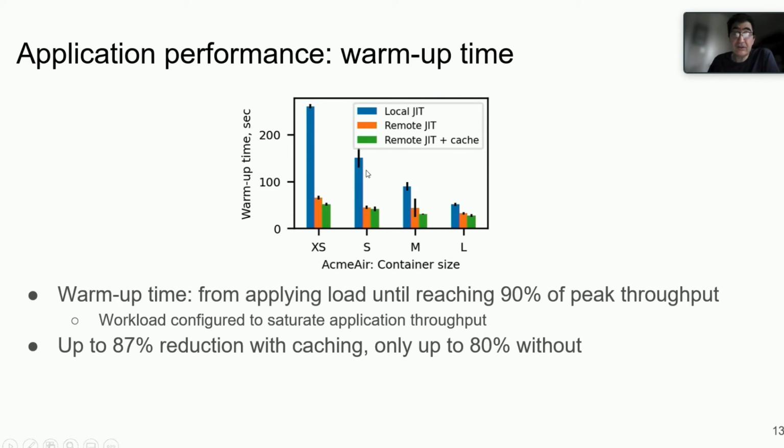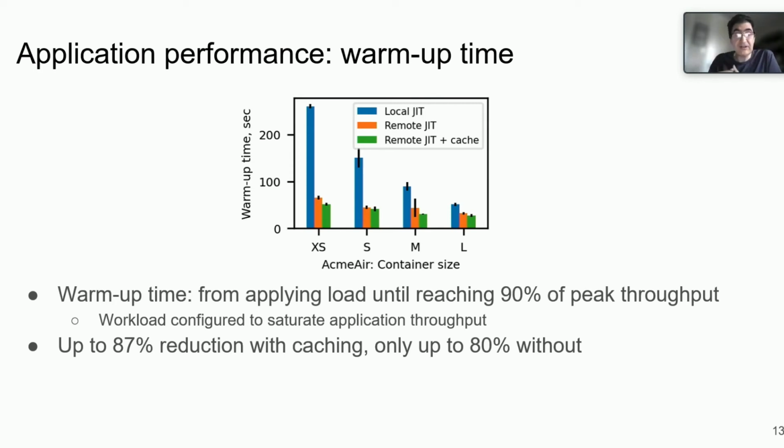Remote JIT by itself is very useful in improving the ramp-up time. And by adding the cache, we extract a little bit of extra gain in terms of warm-up time. Why is that? This is because during warm-up, we have a mix of compilations coming from the cache, but also recompilations.